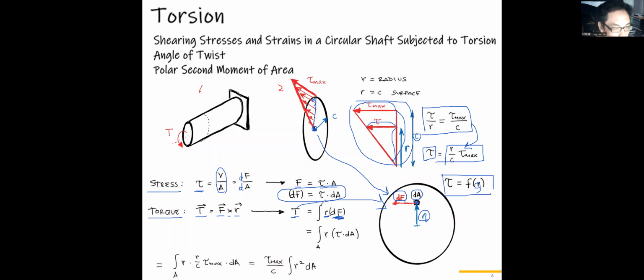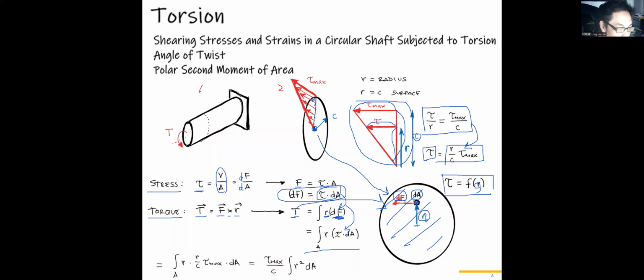Then we can plot this dF, tau times dA here, and we're going to take an integration over the whole cross-section area.